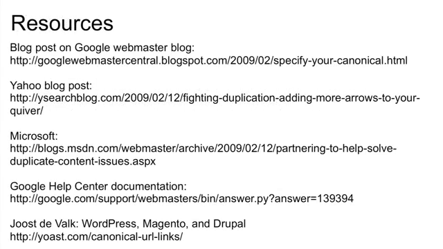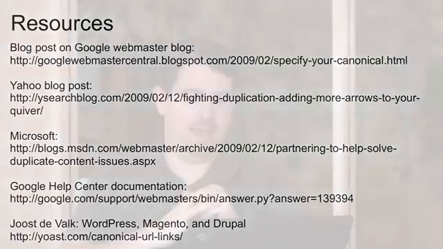On this last slide, I just list a bunch of resources. So Google, Yahoo, and Microsoft all did blog posts about it. There's an official Help Center documentation page. And what we saw was, as people would come and have duplicate content questions, Joost had come and sort of asked about an interesting corner case. We just said, hey, you know what? We've got this thing coming out that might help with this. And so it was a very nice way to do a very quiet beta test and see how well it worked.